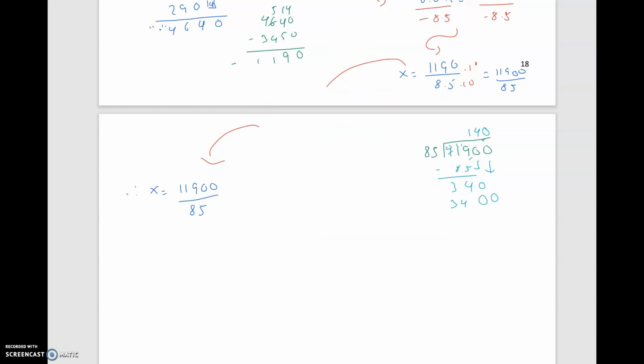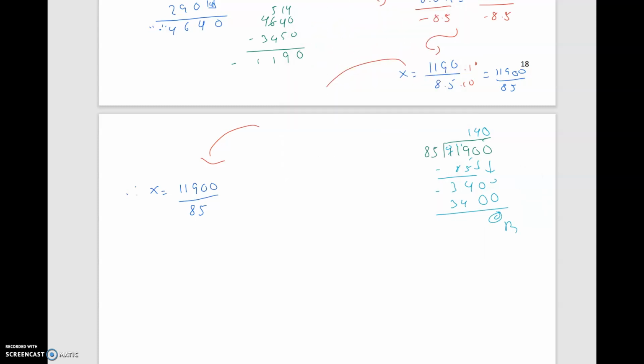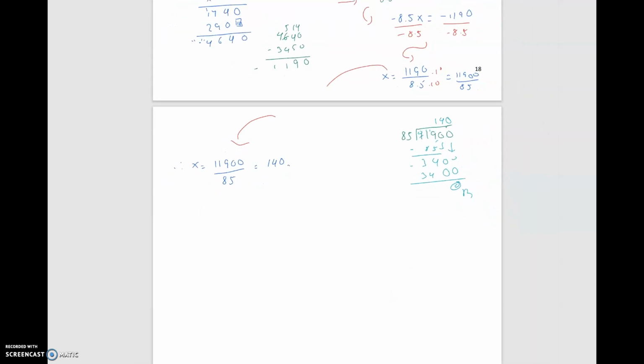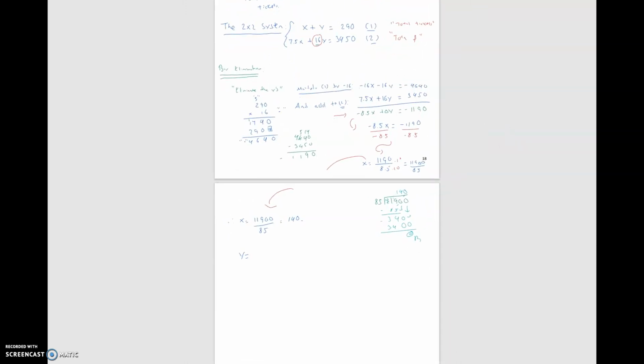Let me just finish this. So 0 will be your remainder. So we're looking at this one being 140 for your x's. And then remember that y is equal to, well, technically the total number of tickets was 290.